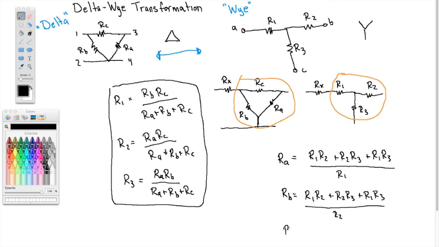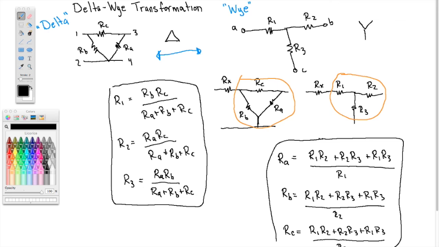And finally, RC is R1 R2 plus R2 R3 plus R1 R3 divided by R3. So these equations apply if you are currently in the Y configuration and you want the delta configuration. These guys give you the transformation back to this picture.